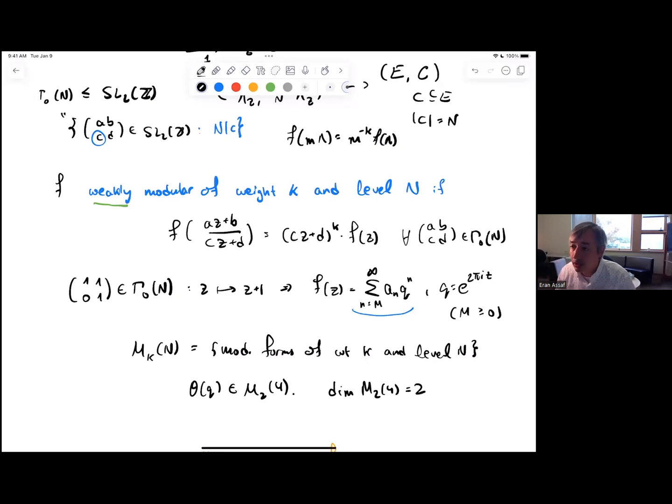It's only 2-dimensional, and one can actually find a very nice basis for this space, which has as coefficients of the Q expansion these sums of divisor functions. And that's how one can prove Jacobi's theorem this way.